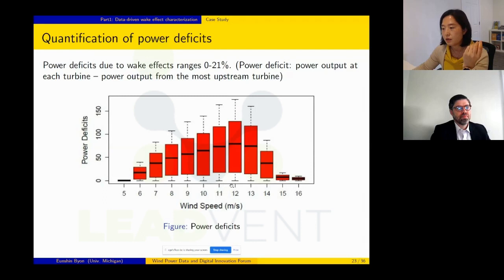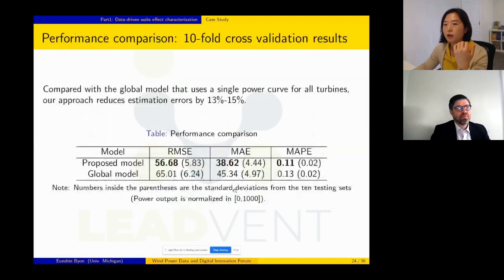But when wind speed is around 11 to 13, the power output difference among these 30 turbines is substantial. The power deficit ranges between 0 and 21%, which means when wind speed is, let's say, 12, the most downstream turbine generates 20% less power compared to the most upstream turbine. So we can see that wake effects can be quite substantial.